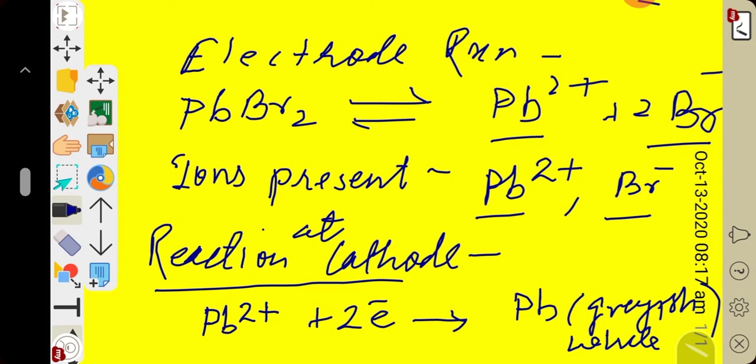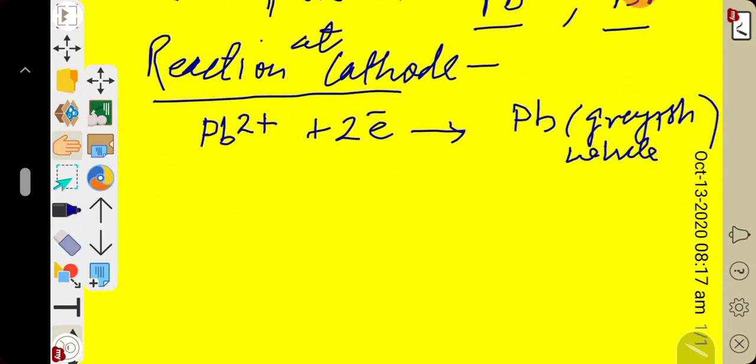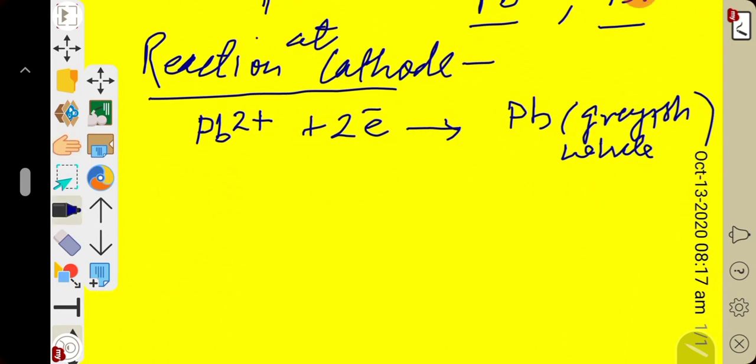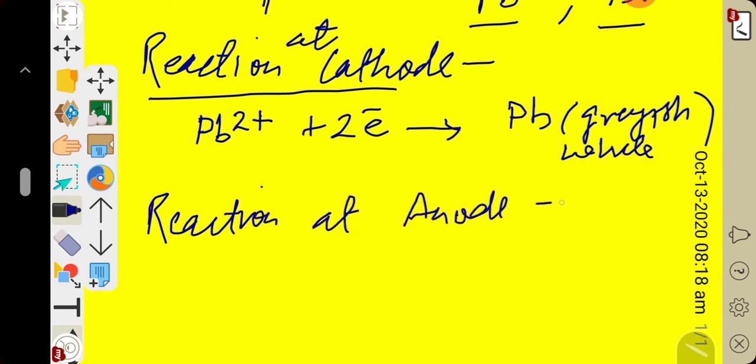After that, Br− will migrate to the anode. So now the reaction at the anode. Br−, or bromide ion, will migrate toward the anode.